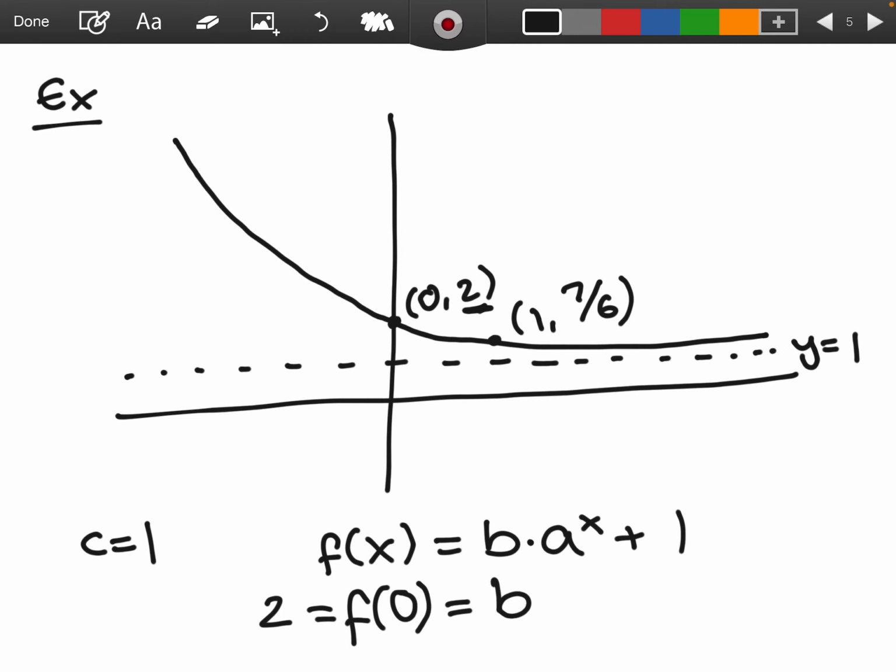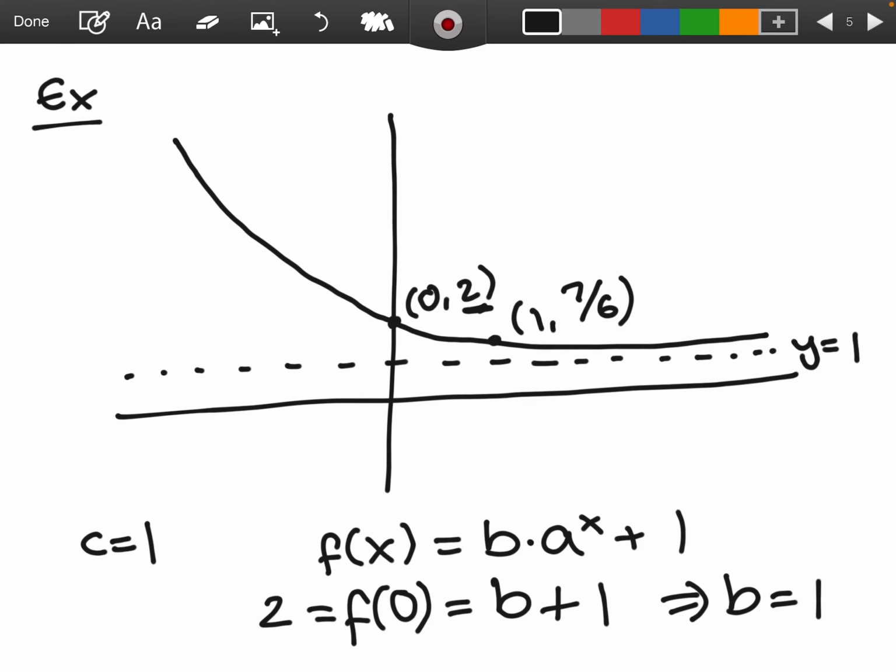So I know that 2 is equal to my function value when x is 0, which is the same thing as saying b multiplied by a to the 0, which is just 1, plus 1. So I get b multiplied by 1 is just b and then plus 1. So I get 2 is equal to b plus 1, telling me that b is equal to 1.